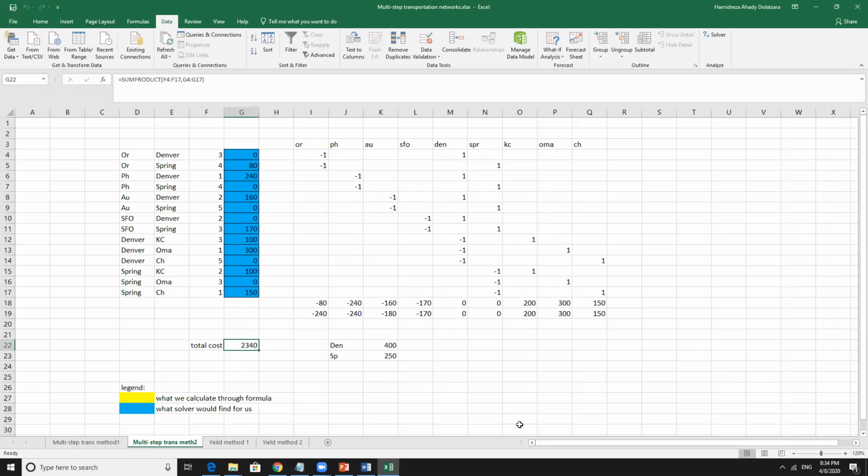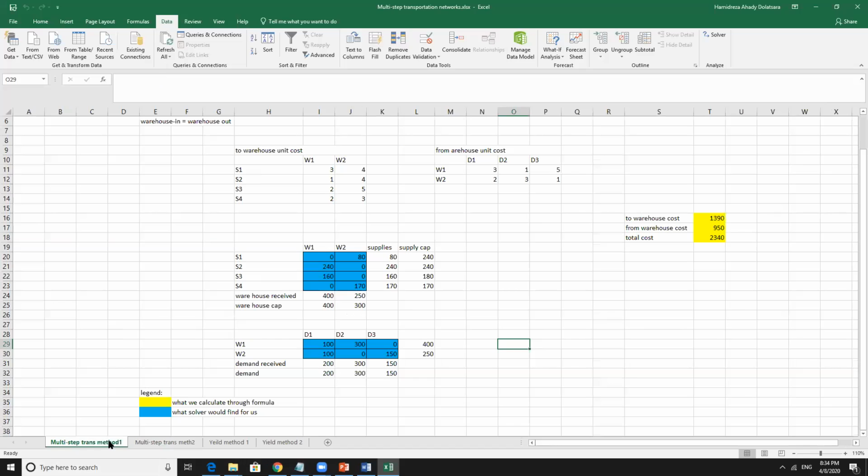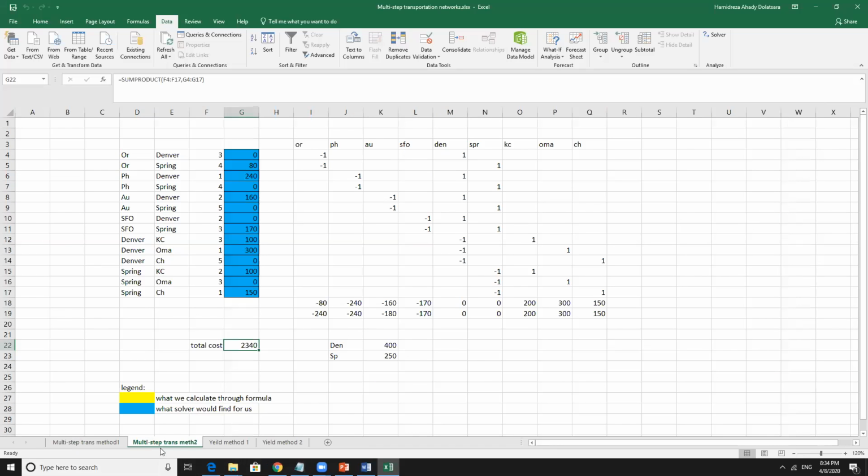And you might find more creative ways, but just keep in mind that this is another approach to formalize the transportation problem. I give you a couple of minutes to play with these two methods, the first one and the second one. Then I go to the second question.